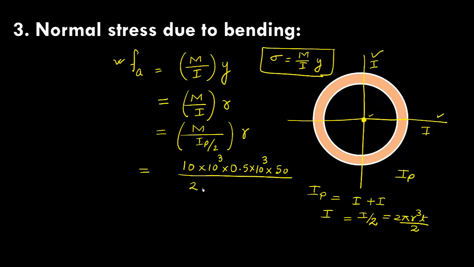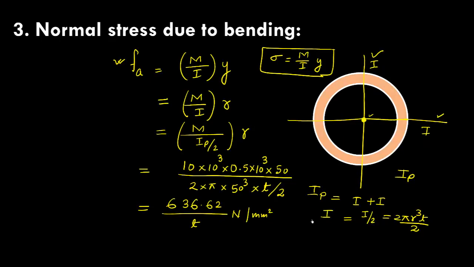So this value will be 2 times pi times R, which is 50, and let us put throat thickness T, and this divided by 2. If I calculate all this, this turns out to be 636.62 divided by T Newton per millimeter square. So this value is IP, not I.